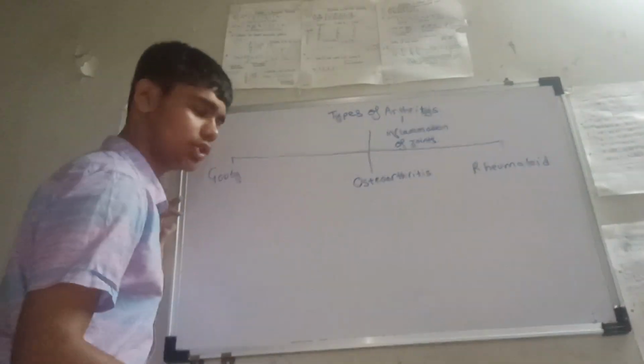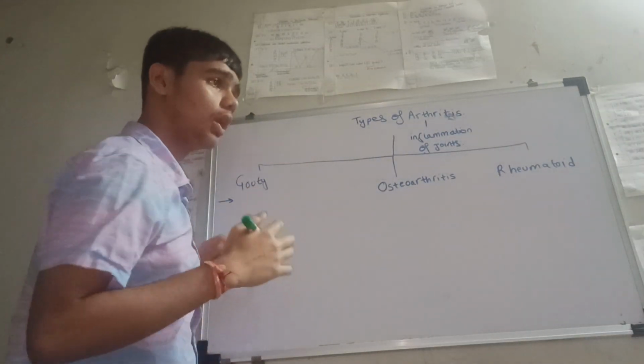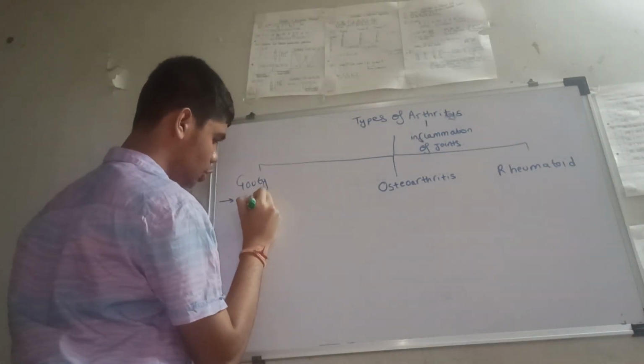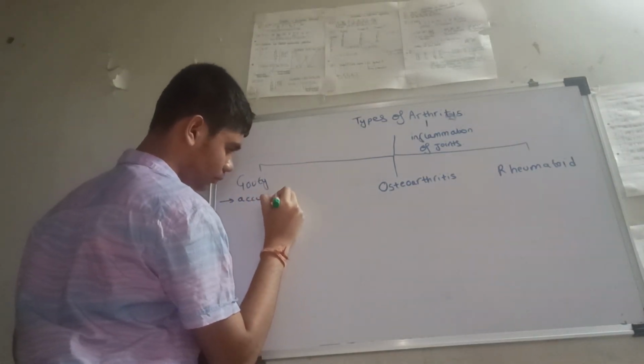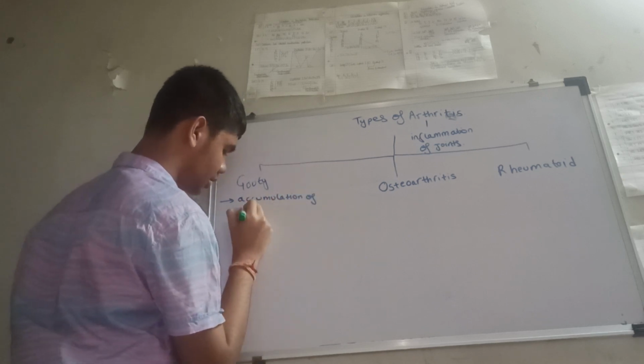So if I come on this side, gouty arthritis, what is this? It's the accumulation of uric acid.